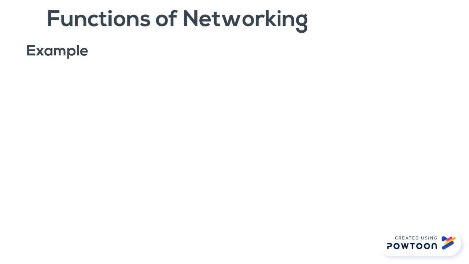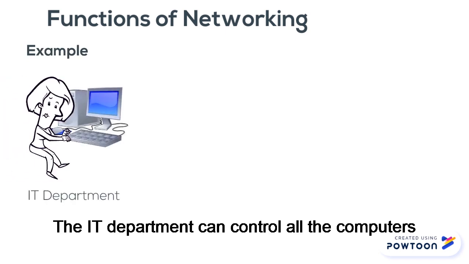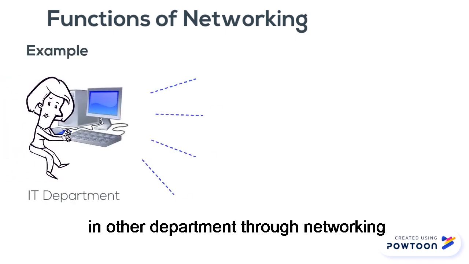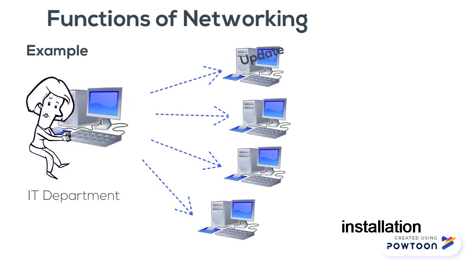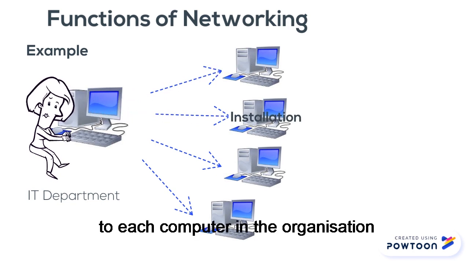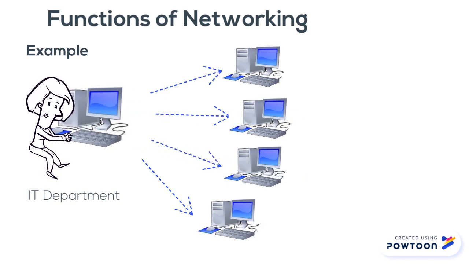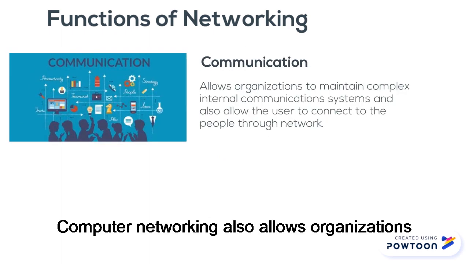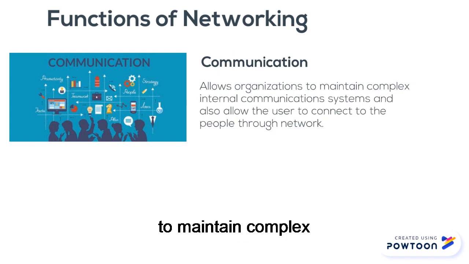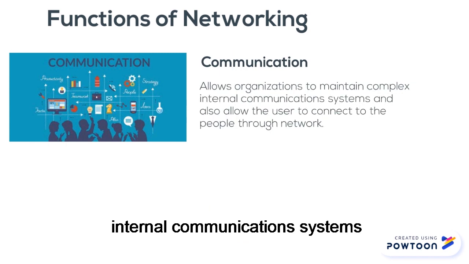For example, the IT department can control all the computers in other departments throughout the network. They can apply the same update, installation, and security settings to each computer in the organization. For communications, computer networking also allows organizations to maintain complex internal communication systems.